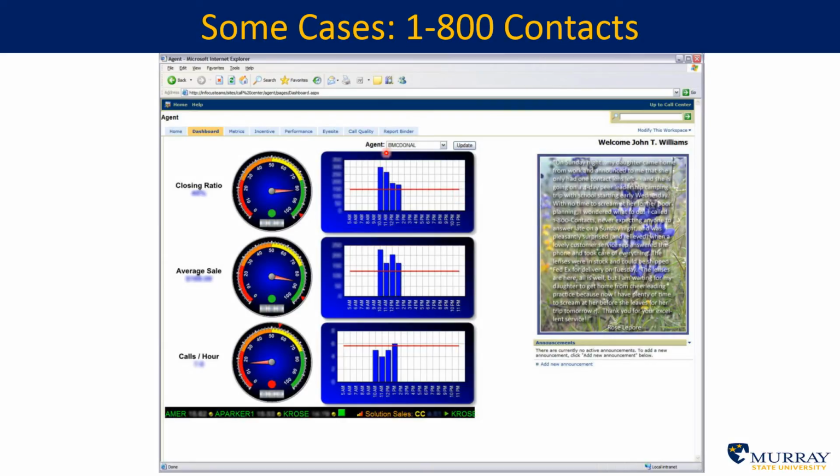So it looks like this specific sales agent is beating averages every hour, but the performance is declining from morning to midday. Then we have average sales per hour. Again, this represents the monthly average for the previous month. And then calls per hour. The calls per hour is a bit below the average, which again doesn't mean much unless you look at other indicators, because it could be that this particular agent is concentrating on quality of calls and not quantity of calls, and that's something that leads to a high closing ratio.